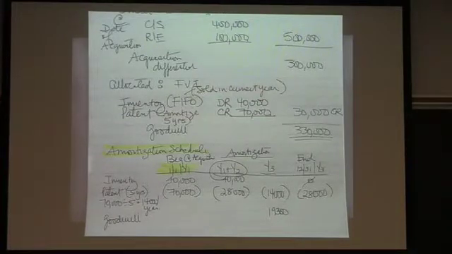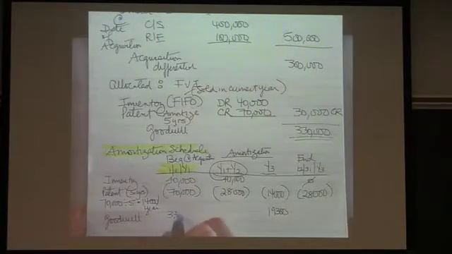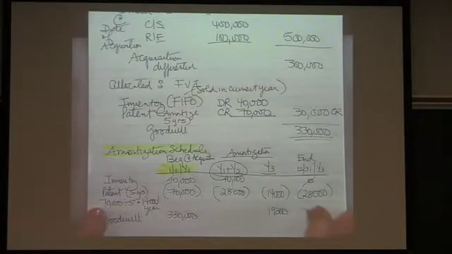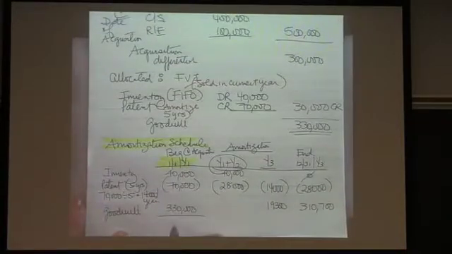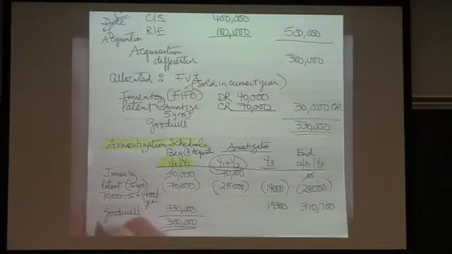Now the value of goodwill is $330,000. So that means that the unamortized goodwill is $310,700. So if I add all this, I get my $300,000, which is my total AD.